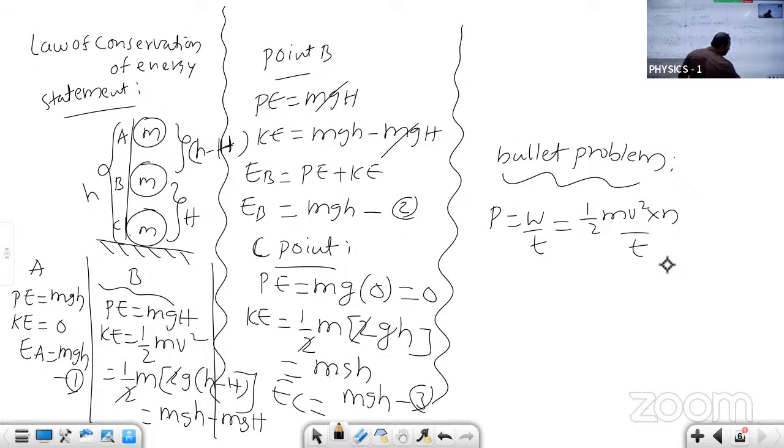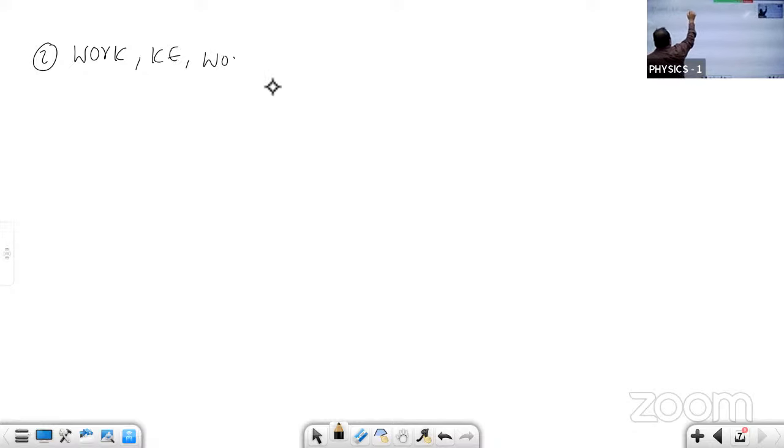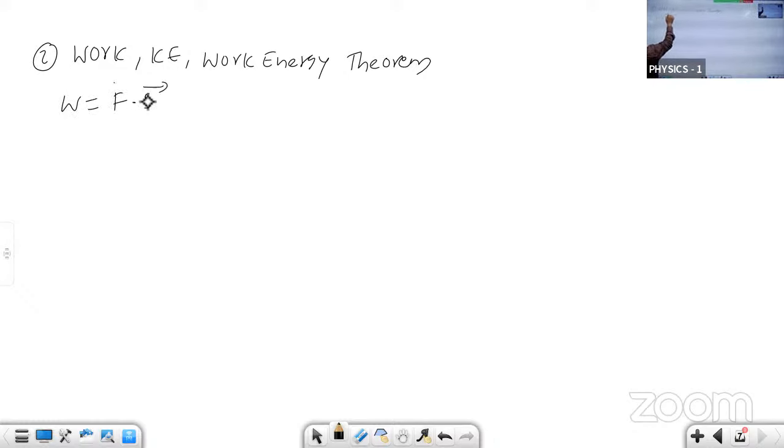Now, second LAQ, yesterday's topic. Define work, kinetic energy, work energy theorem. Work is denoted with capital W. Work is always equal to the dot product of force and displacement.